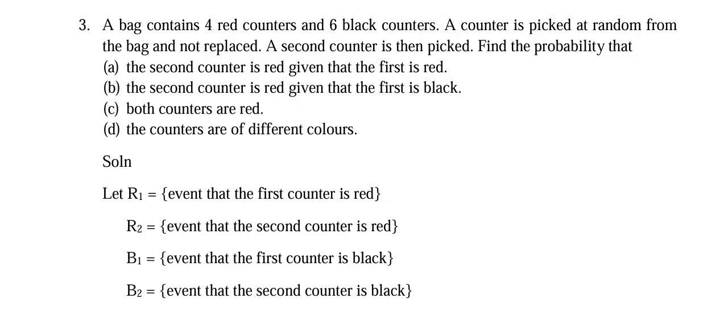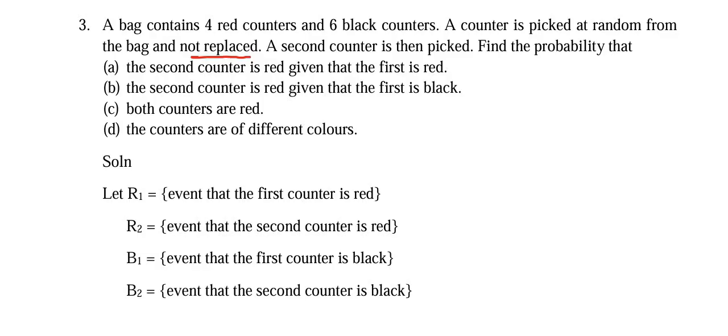This example says a bag contains 4 red counters and 6 black counters. A counter is picked at random from the bag and replaced. So here we're dealing with random selection with replacement. Then a counter is picked at random from the bag and not replaced, so without replacement.